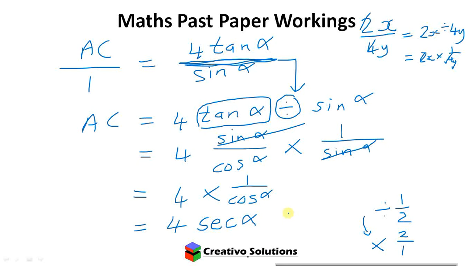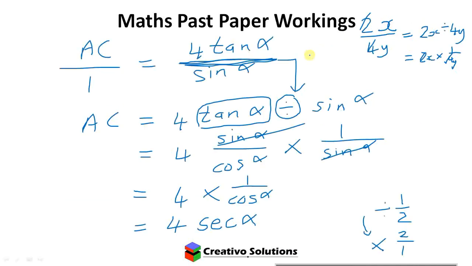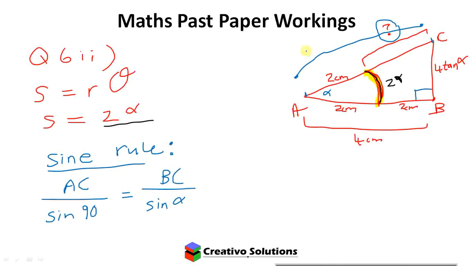Right, so now we've got all the sides. Let's go back to our diagram. Let's add that. Now I know that this whole side, from here to there, that whole thing is 4 sec alpha.